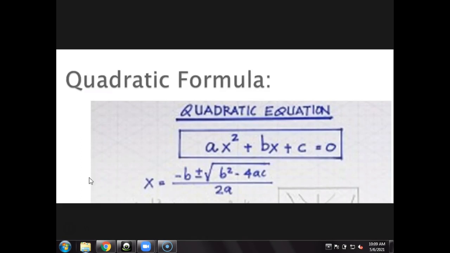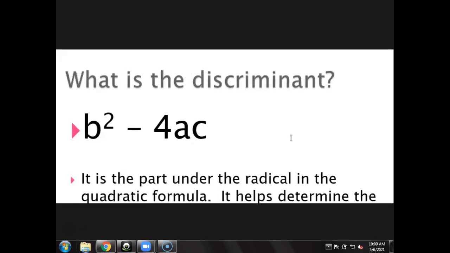All right, so what is the discriminant? The discriminant is the part under the radical. So that's why it was so important to understand how to simplify radicals in 5-4.